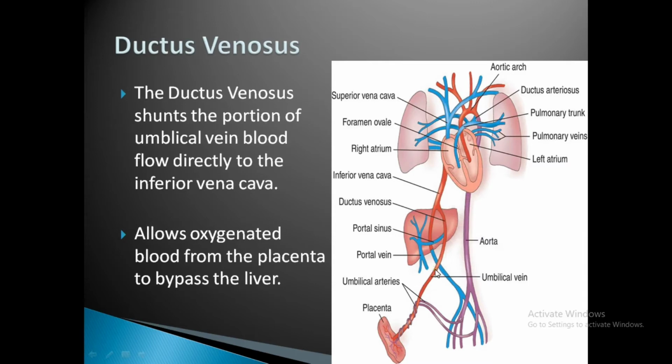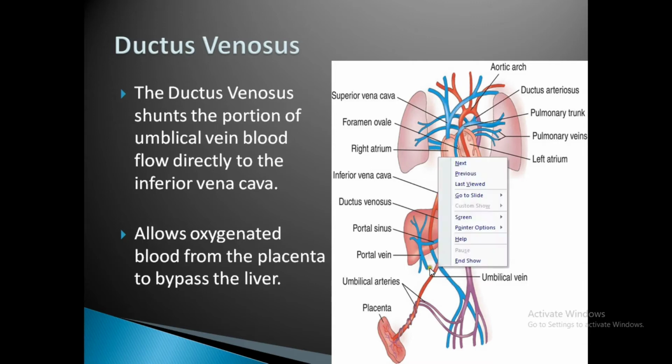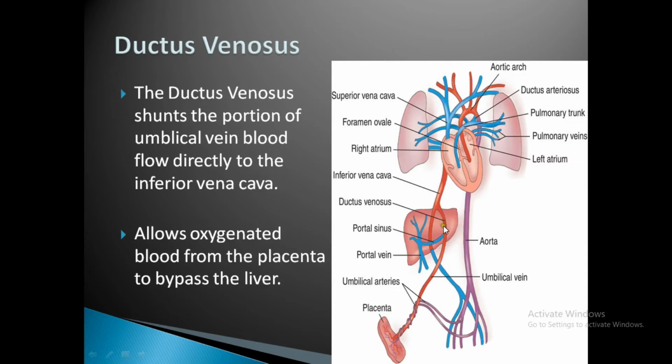See, this is the ductus venosus, and what is the ductus venosus? It is a vessel which connects the inferior vena cava with the umbilical vein. This is the inferior vena cava and this is the umbilical vein, and they are connected by the ductus venosus. When the oxygenated blood enters the umbilical vein from the placenta, it splits into two halves.